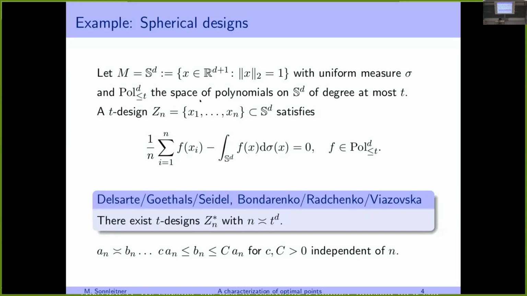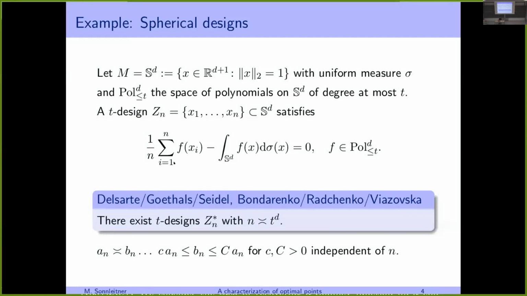And we consider the space of polynomials on the sphere of degree at most t. And then a t-design is a point set on the sphere which integrates the polynomials of degree up to t exactly. So we do not make an error on this function space.